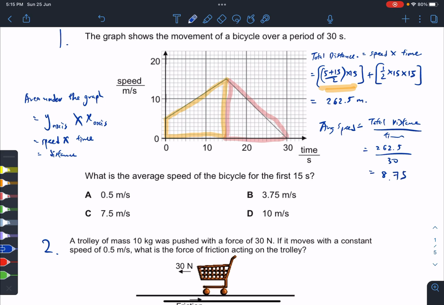That gives 8.75 meters per second, which is the average speed for the entire 30 seconds.